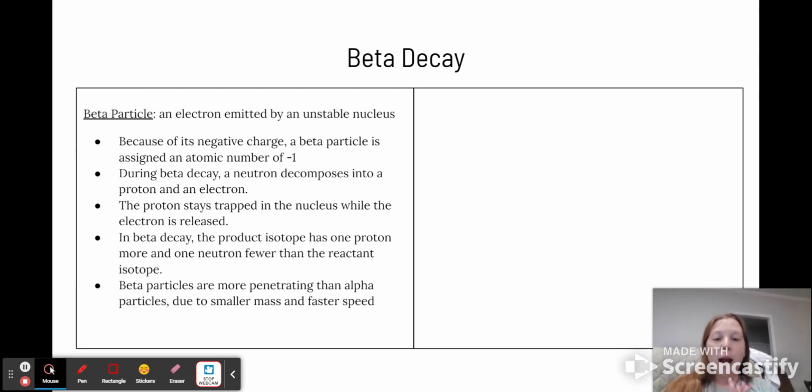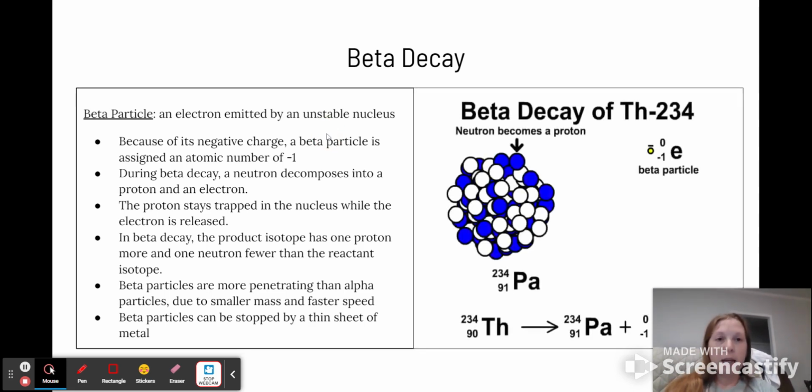I like to compare alpha particles to getting hit by a wiffle ball. It's not really going to hurt that bad. And then I say that beta particles are more like a BB. So if you get hit by one of those, it's going to hurt. And these tend to be stopped by thin sheets of metal, so they're still not super strong, but stronger than alpha.